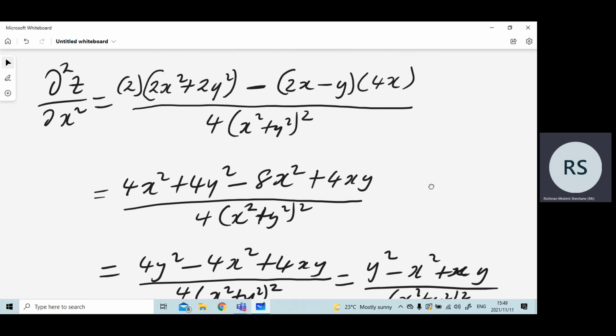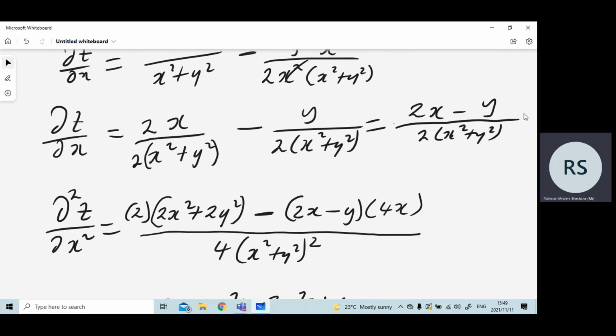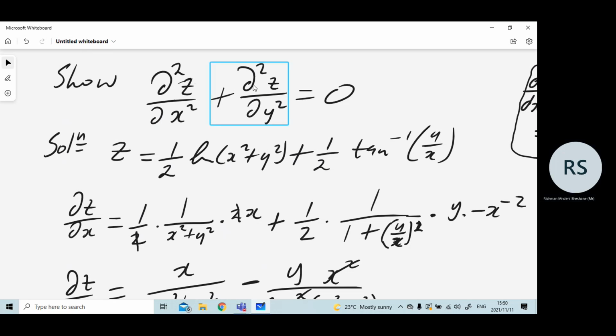This is the first term on my left hand side. Now let's find the second term, which is the second partial derivative with respect to y. Again, we derive z twice with respect to y.